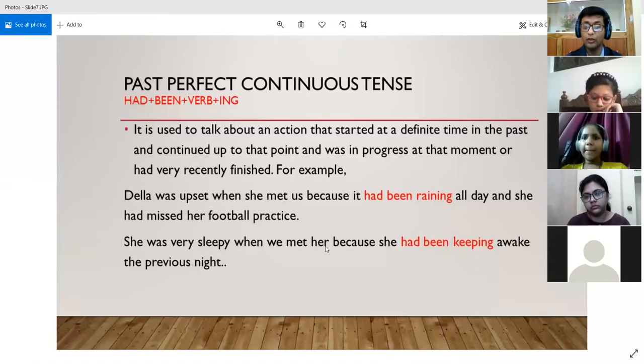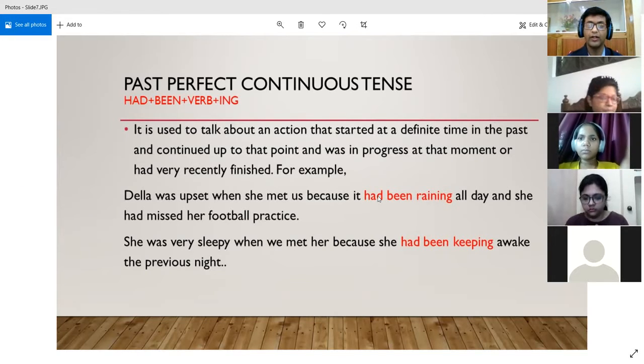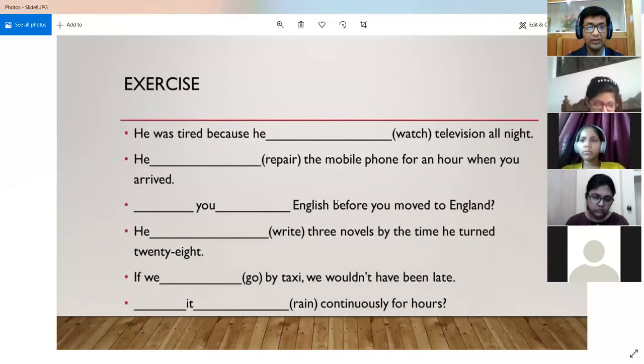Why? Because she had been keeping awake the previous night. So we know the definite time also when she was keeping awake, and that action has just very recently finished because we are meeting her just in the morning. All right. So this is the only use we have for the past perfect continuous tense.